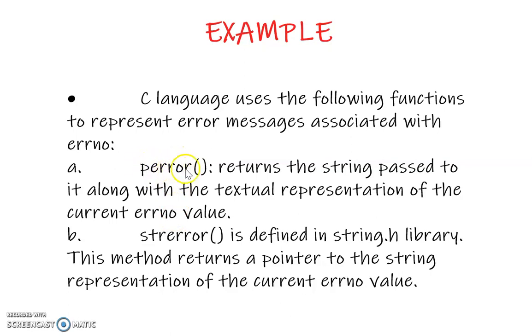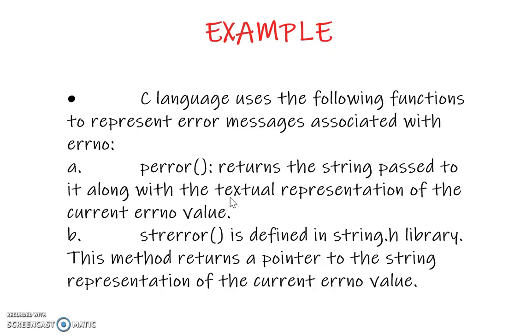So perror is a function which prints the string. Keep in mind, it prints the string passed to it along with the textual representation of the current errno value. Suppose the errno value is 12. In that case, this will give that out of memory error message.